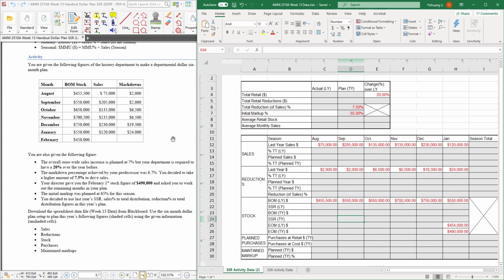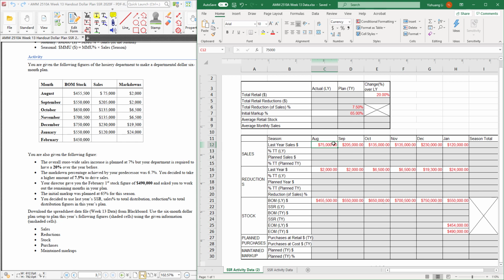And the second step is to fill in the cells. Be really cautious that we are filling in cells in dollars of last year's number. So in this 6 months plan table, it is at the very top.